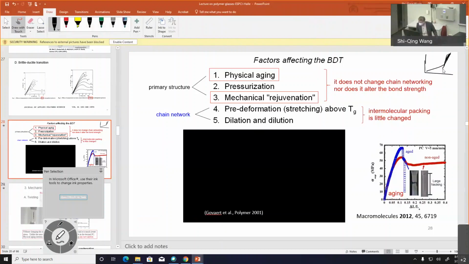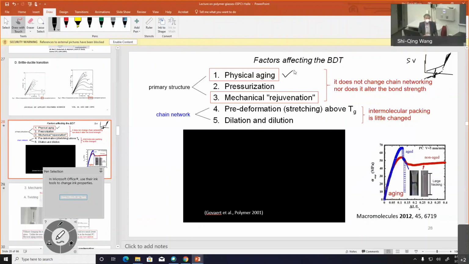This curve. In addition, sitting at one temperature, you can make your sample more aged by annealing at that temperature. Remember that was a specific volume plot. So you can physically age it. What it does, it makes your polymer, take a note, more brittle when you physically age it.